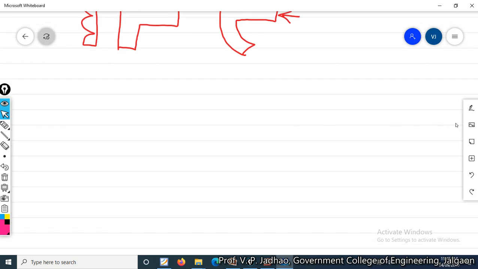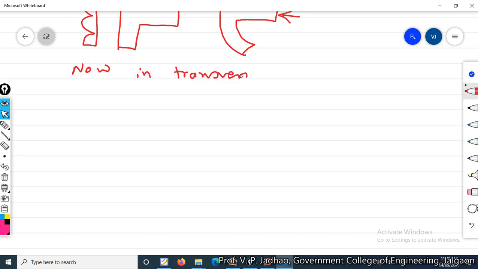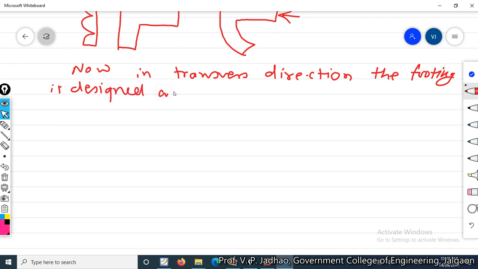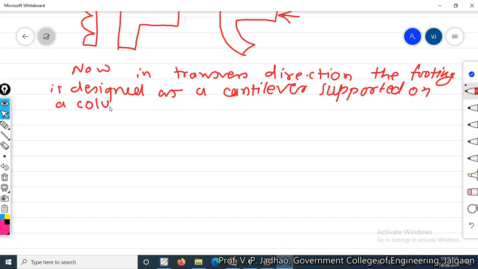So now in the transverse direction, the footing is designed as a cantilever supported on a column.